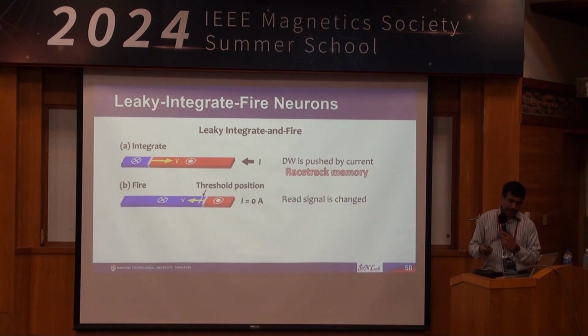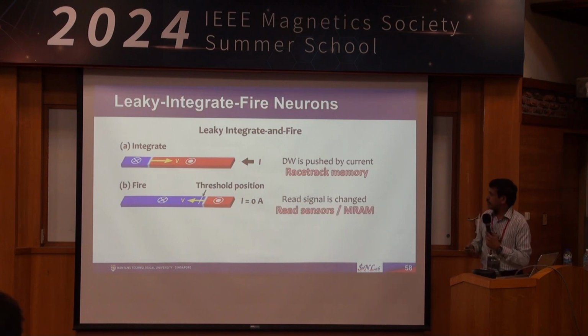And fire is like moving the domain wall from one side to the other side. Here we have a magnetic tunnel junction, so we receive a signal when the domain wall passes below the magnetic tunnel junction. The read signal will be changed. Reading information using an MTJ also is not a very significant problem. People have demonstrated this in MRAM.